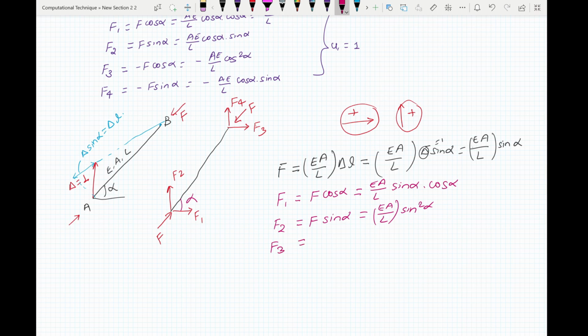F3, if you look into the equilibrium of this case, you'll find that F3 equals minus F1. It will be minus EA by L sine alpha into cos alpha, and F4 will be equal to minus F2, which will be equal to minus EA by L sine square alpha.